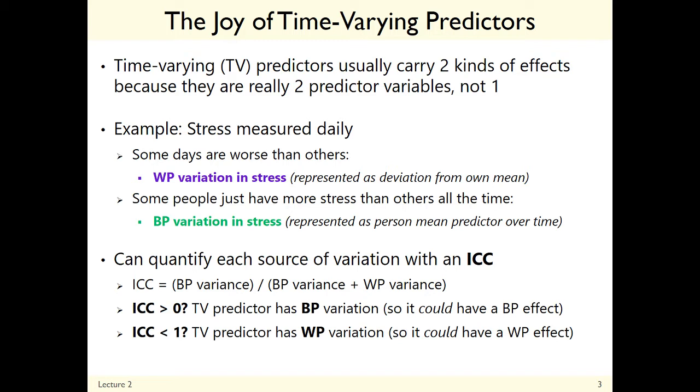So we didn't have to worry about this, even though time is a time-varying predictor, because our version of time was purely level 1 within. That meant the only possible effect it could have is purely level 1 within. Likewise, the effect of attitudes, it's only level 2 variance in the first place, so we could only have a level 2 between effect in the first place.